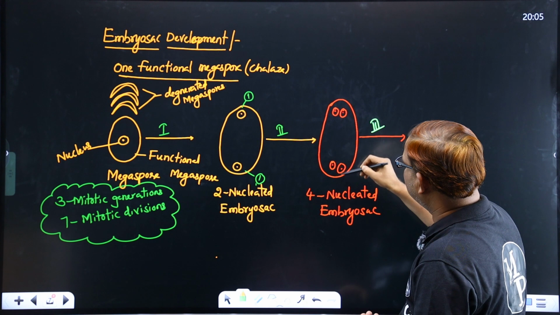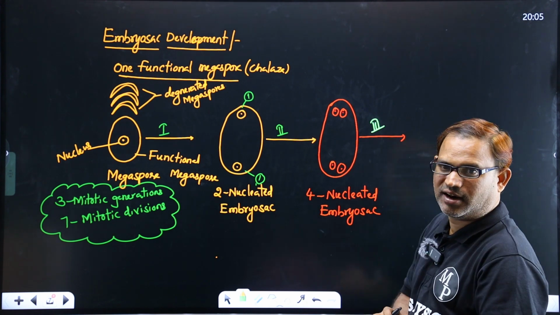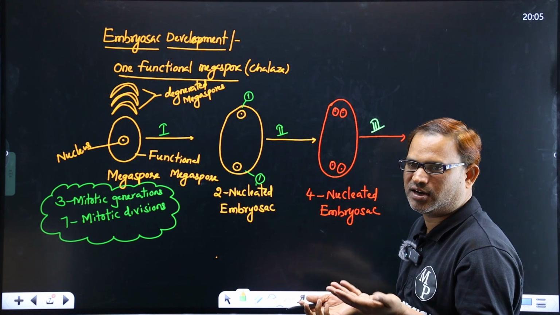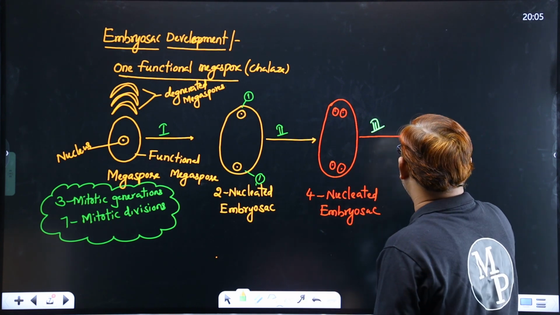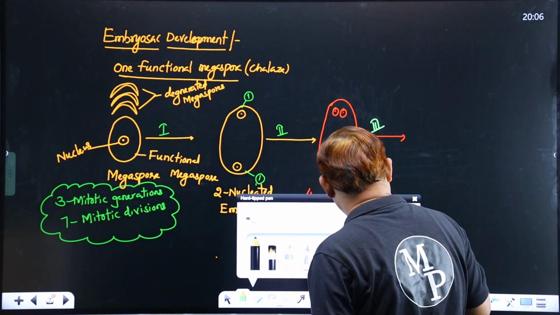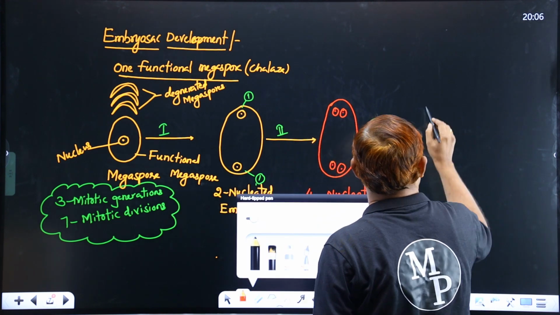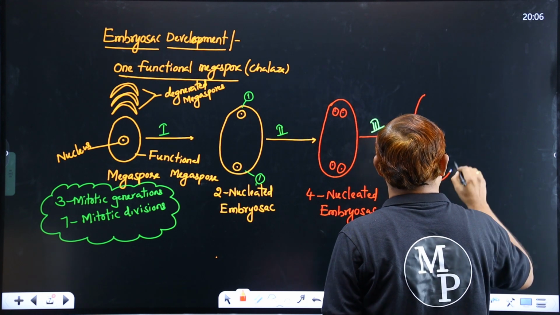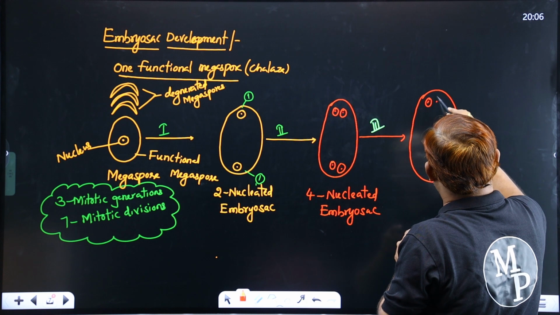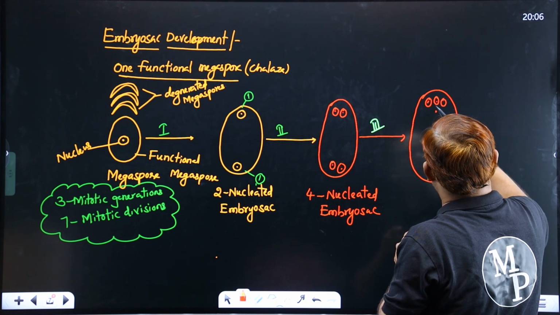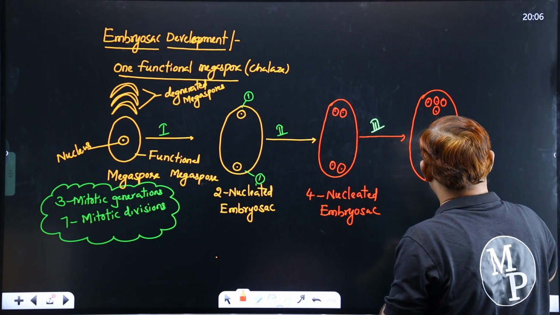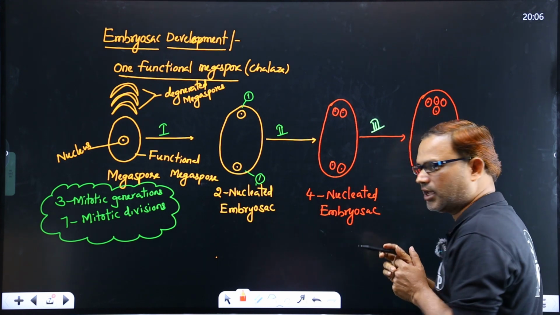Inside the embryo sac there are four nuclei, so four mitotic divisions take place. Then in each pole, a total of four nuclei are formed.